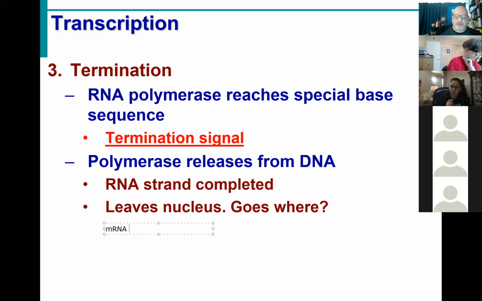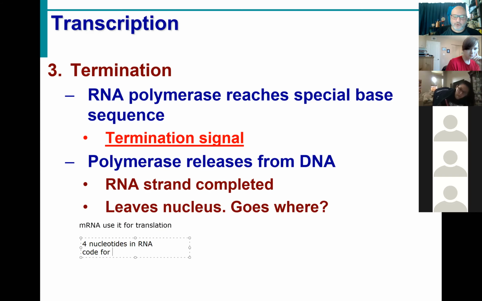And we are then going to use it for translation. But we have to go back to that original problem we were talking about. There are only 4 nucleotides in our RNA, but it needs to be able to code for 20 different amino acids.